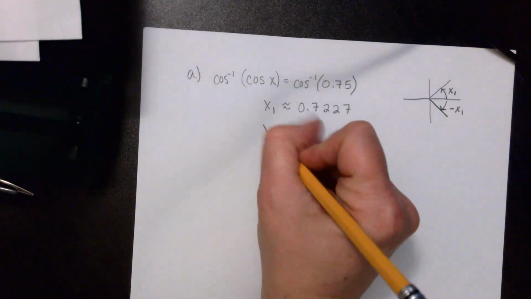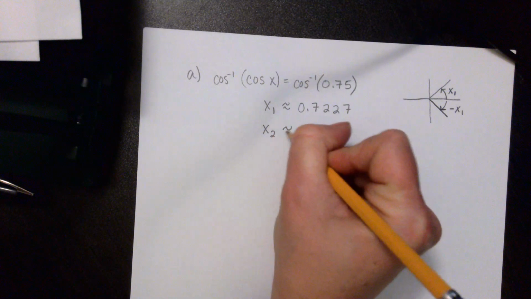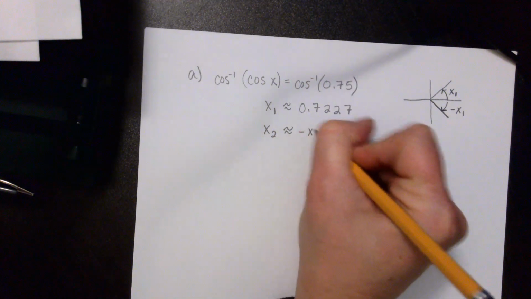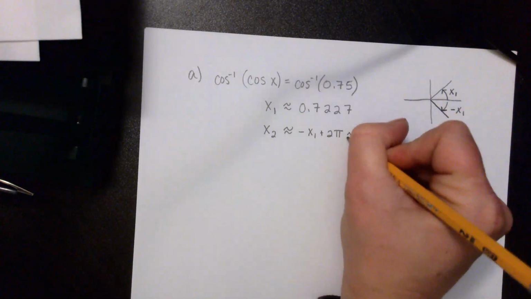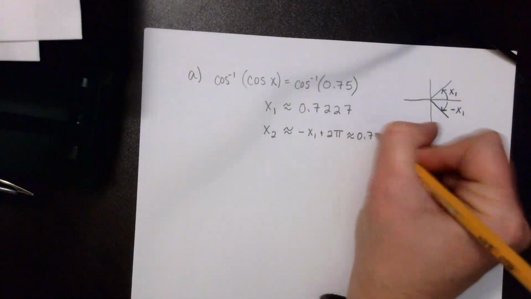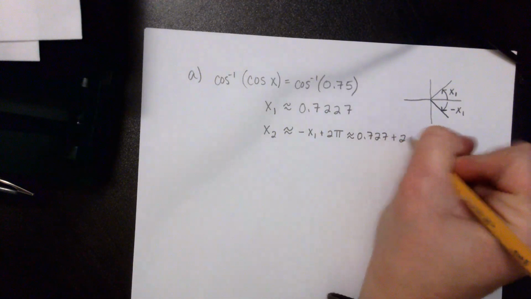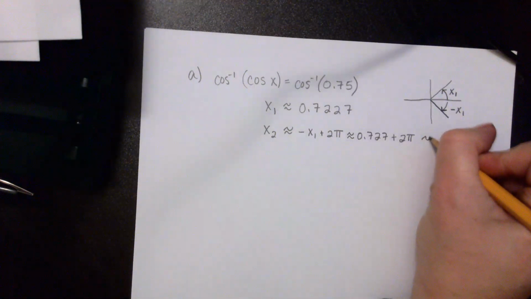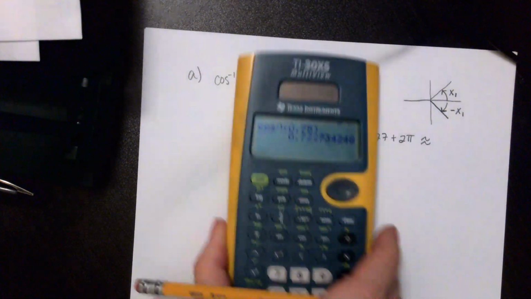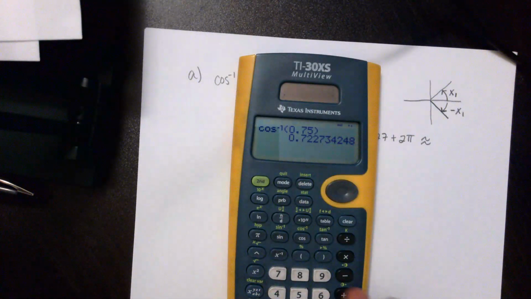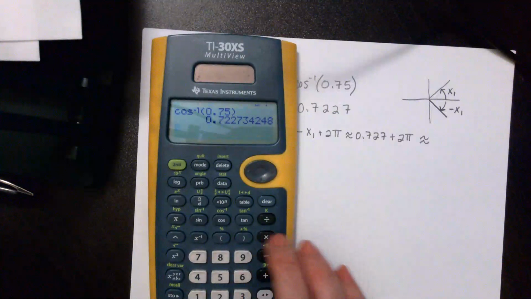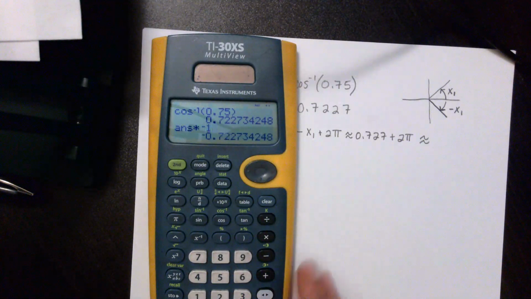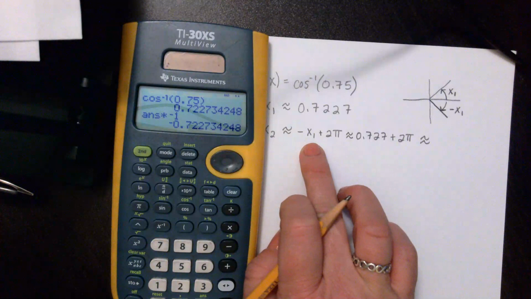The way that I can get that is I can say x2 is approximately negative x1 plus 2 pi, or about negative 0.7227 plus 2 pi. And when I do that on my calculator, I leave this value in here, and actually I want to multiply that by negative 1, because that gives me the negative x sub 1.